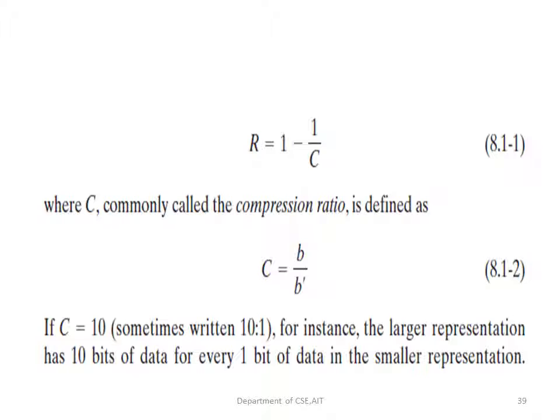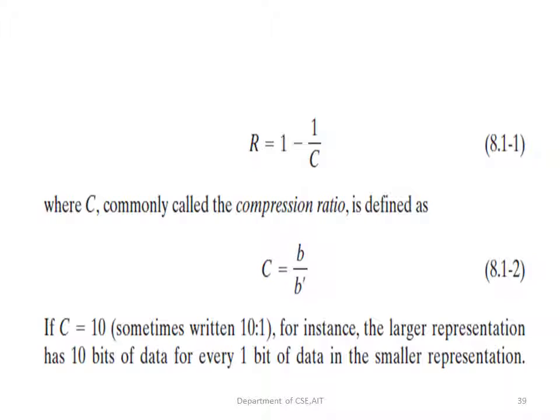R is equal to 1 minus 1 by C means the relative data redundancy, the capital R, depends upon the compression ratio. And the compression ratio depends on B and B dash, which denote the number of bits in two representations.